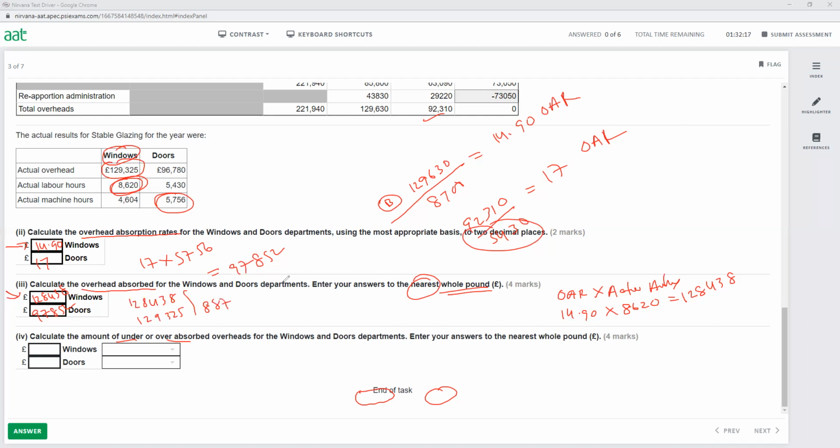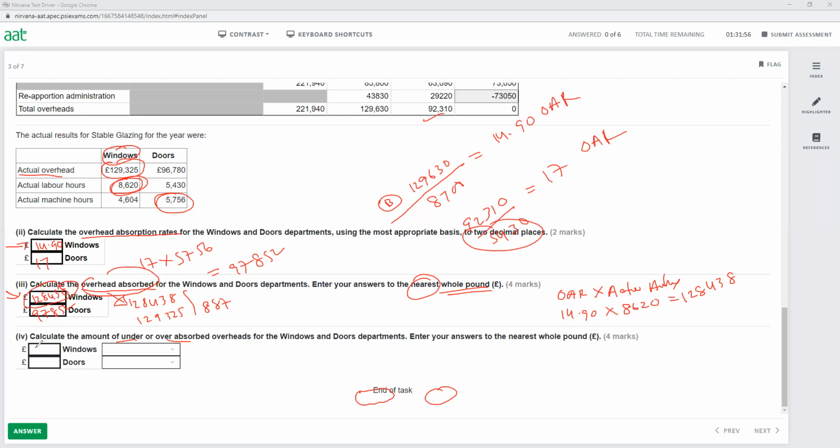And the next question is, is it under absorbed or is it over absorbed? Be very careful with that. I always look at myself. If you look at here, 128, this is the one I absorbed. So I absorbed less and actual is more. So if the actual is more and I absorb less, it is under absorbed.